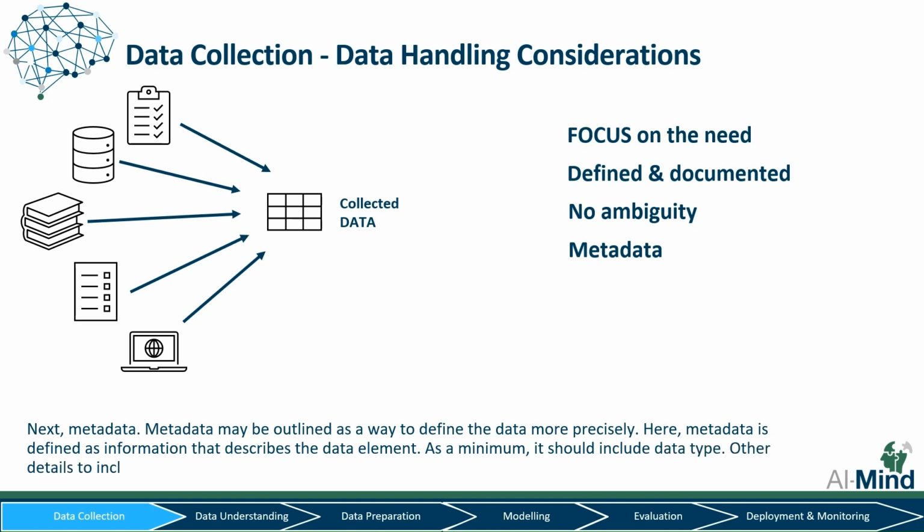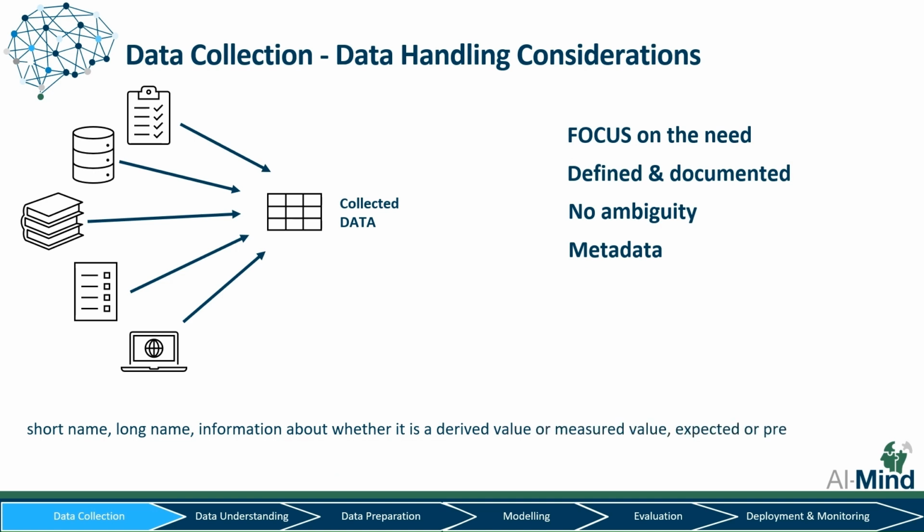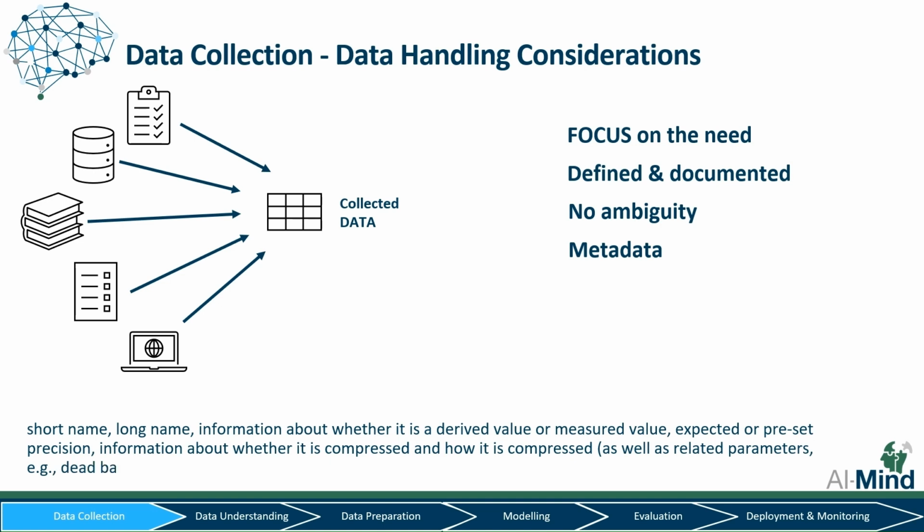Other details to include could be unit of measure, semantic and pragmatic validity range, unique identifier, short name, long name, information about whether it is a derived value or measured value, expected or preset precision, information about whether it is compressed and how it is compressed, as well as related parameters such as deadband, deviation range, etc.